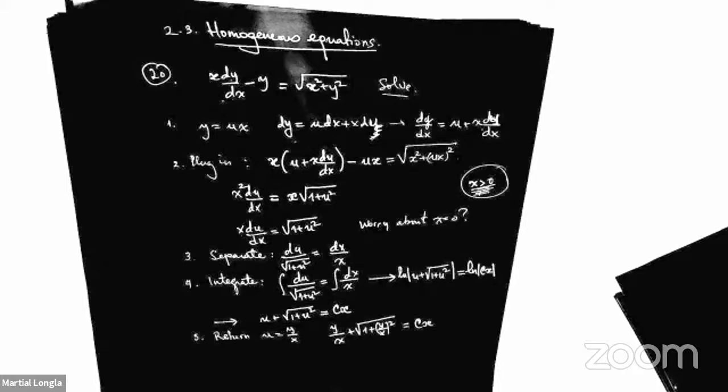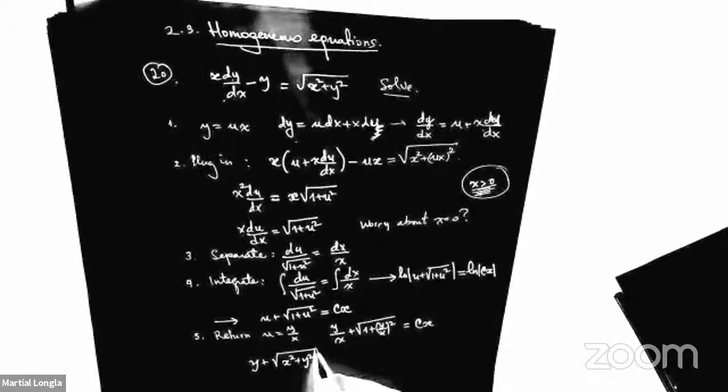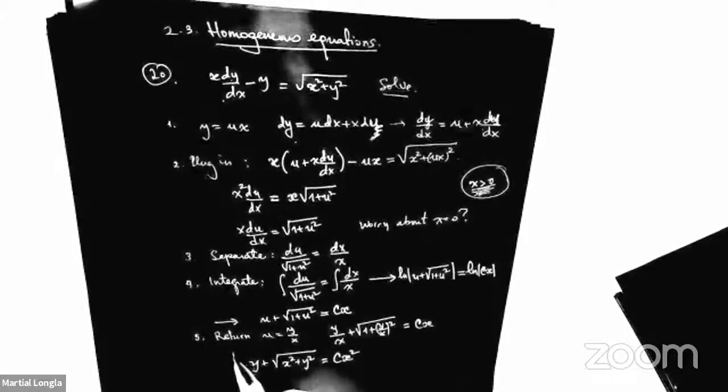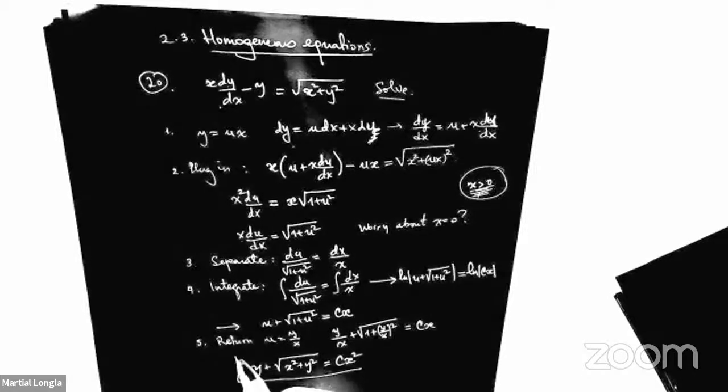Okay, so now here we can simplify these things and put them in the way we want them to be. So you could have y plus square root of x squared plus y squared here. And then the x comes out of it and goes with the other one equals cx squared. Such a beautiful answer.